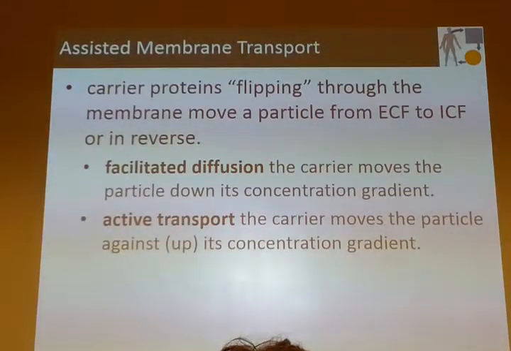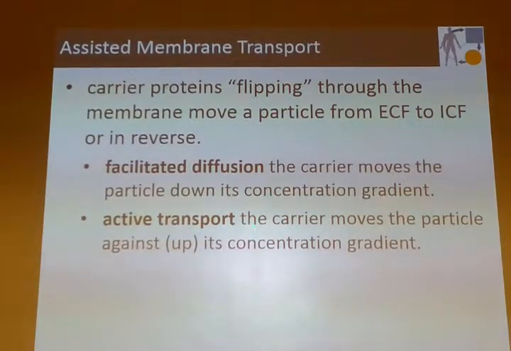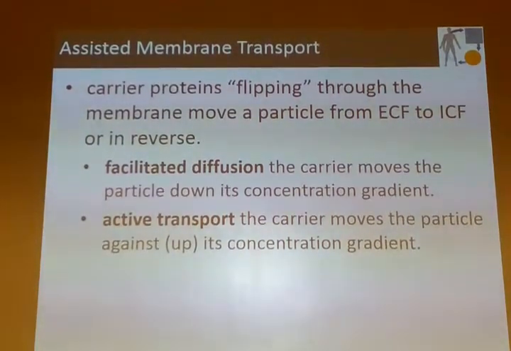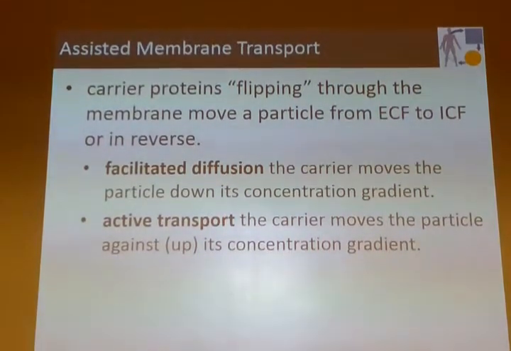Okay, facilitated diffusion requires a carrier. Active transport also requires a carrier. The difference is facilitated diffusion is diffusion down a concentration gradient. Active transport is up the concentration gradient.